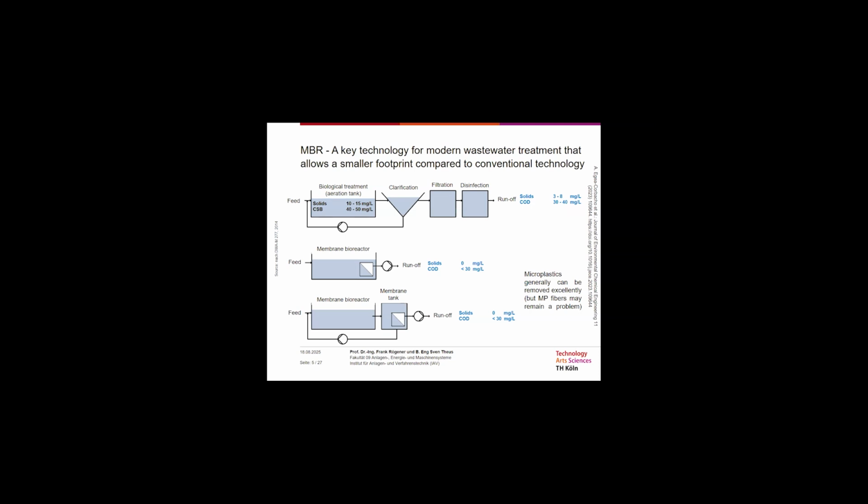Another advantage is that also the COD emissions can be reduced with the help of the membrane bioreactor technology. And what is of big concern today, microplastics can be removed excellently with the help of membrane bioreactors because the membranes are a barrier, and also plastic particles are introduced into the biological flocks, and so it becomes easier to remove also microplastics.